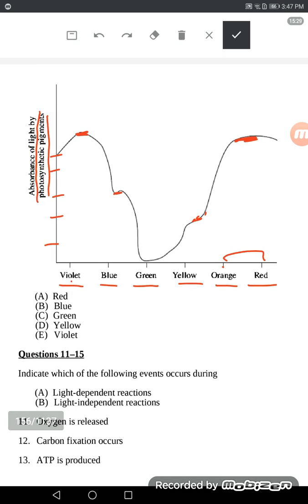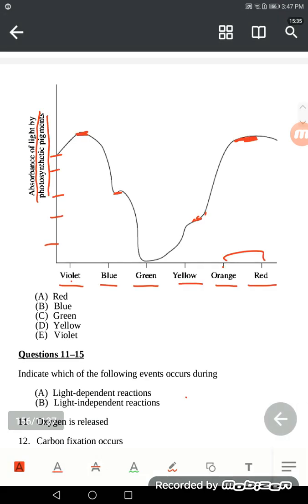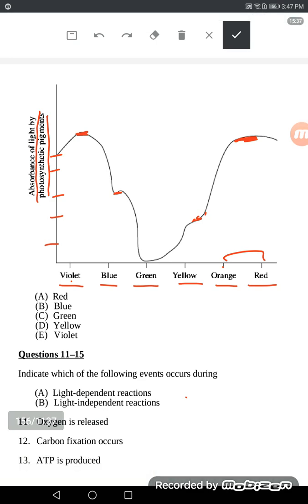But as we can see, the green color is not absorbed. Its absorption rate is in this range. It's like 0. So it is reflected.